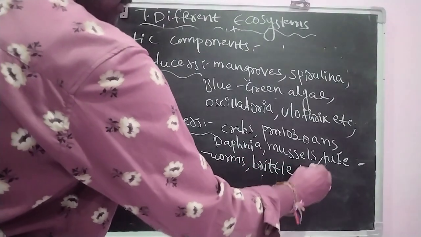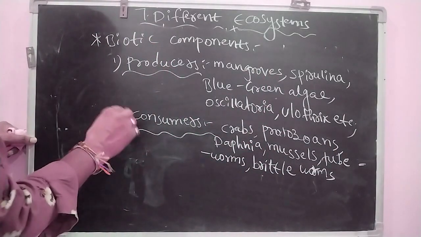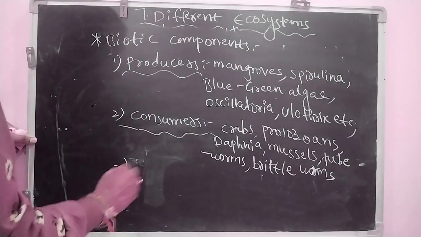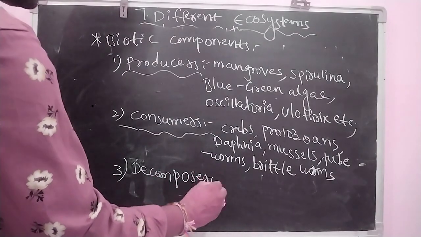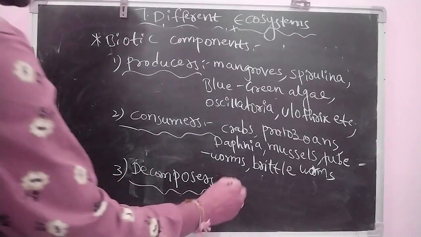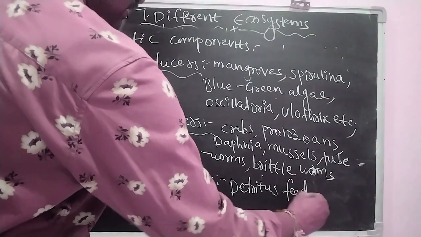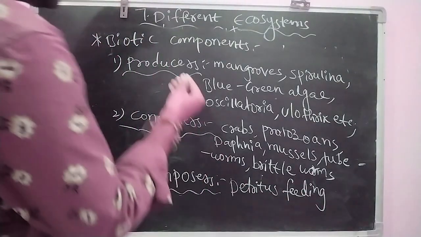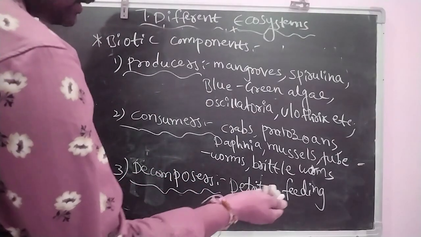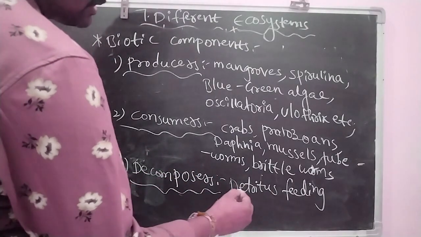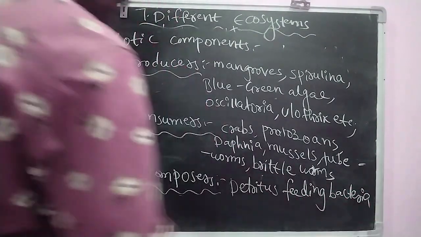So these are all examples of consumers. And what about decomposers? Here the decomposers are detritus-feeding bacteria. Whenever the producers or consumers die, they are taken as food material and decomposed by the decomposers. So the decomposers here are detritus-feeding bacteria.